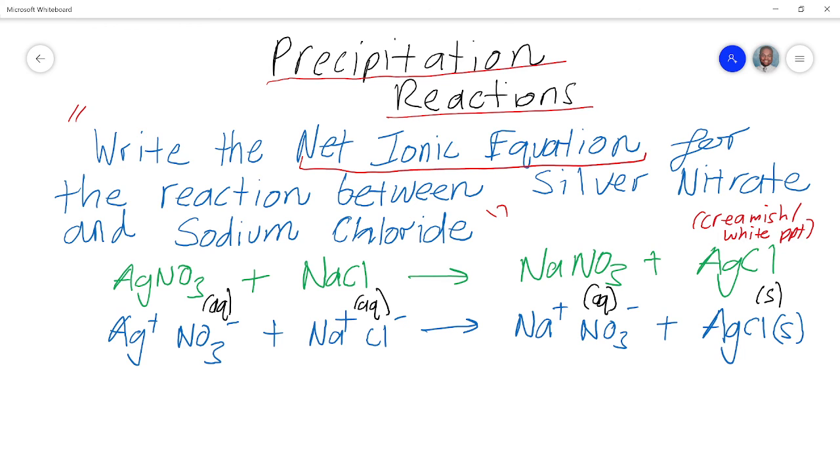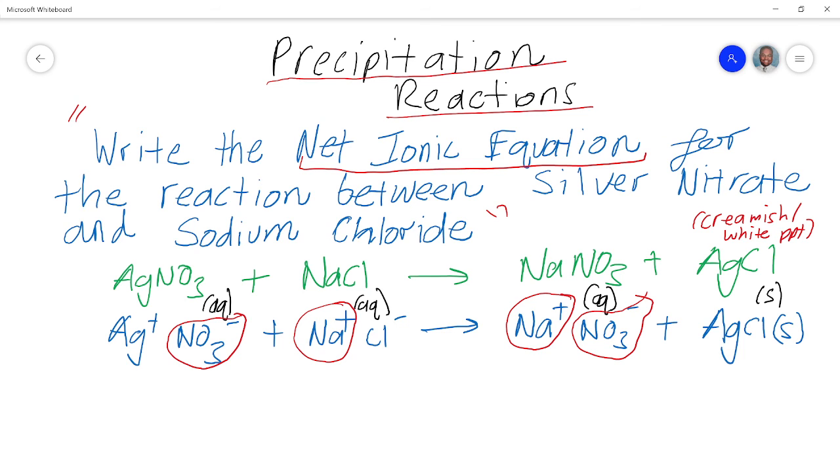All right, so what I do here is I find which ions are common both on your reactants as well as your product side. So you can see that there's NO3 minus there, and there's NO3 minus there, and then you've got Na plus, you've got Na plus. All right, so you can see after I remove the spectator ions, what do I get in this situation?